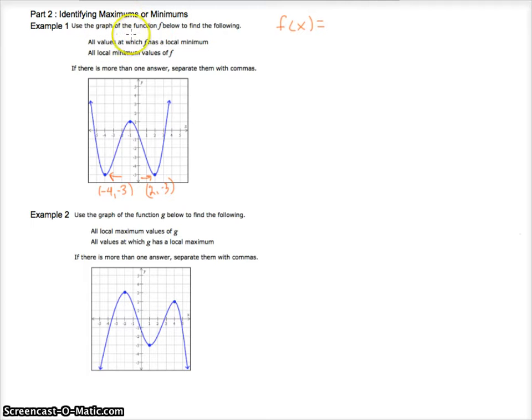Well, when we look at all of the values of which f has a local minimum, if I think about it as inputs and outputs, all of the values means I'm looking at my inputs. So all values at which f, the long one, means we're looking at the inputs. And our inputs are -4 and 2.